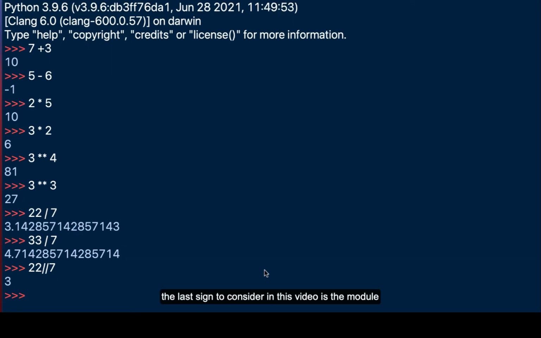The last sign to consider in this video is the modulus operator, which is the percentage sign. What the modulus operator does is it gives us the remainder of a division of two numbers. Okay, so let's try that. Let's say we have 5 modulus 3.